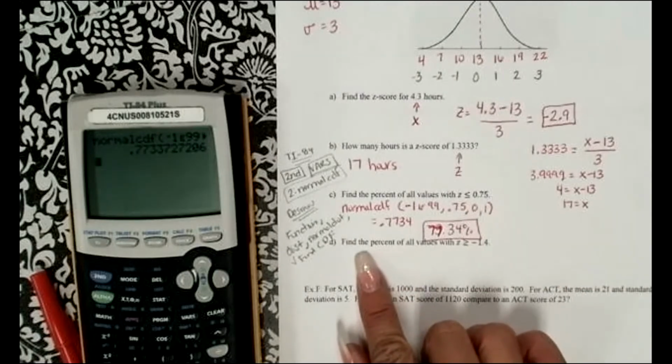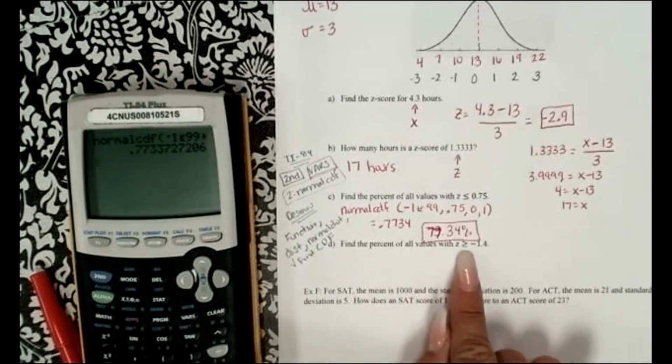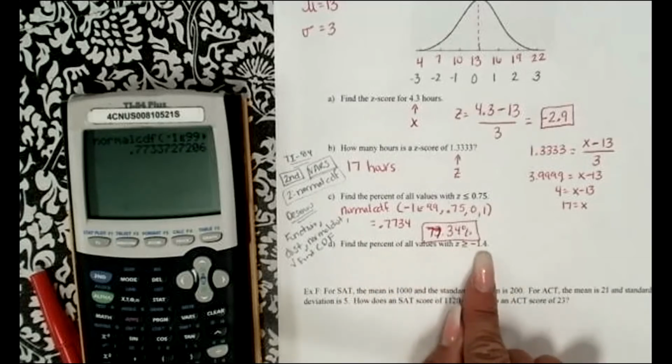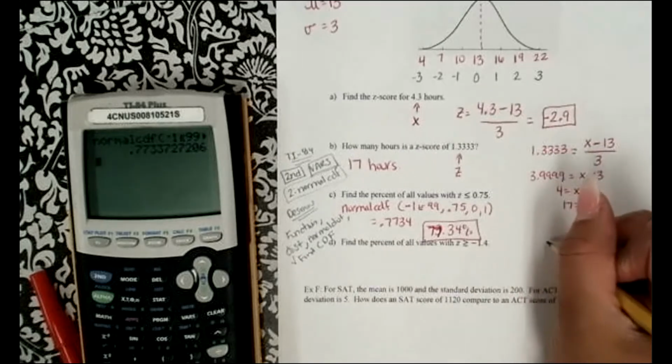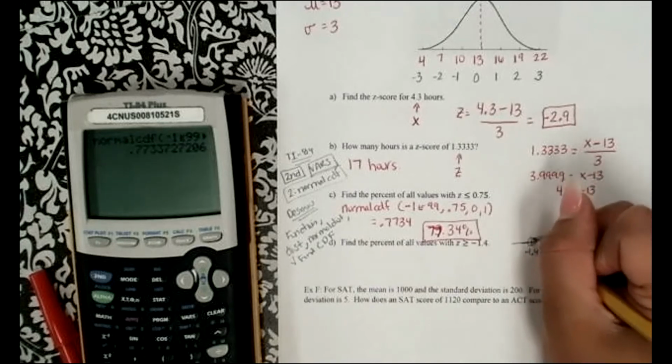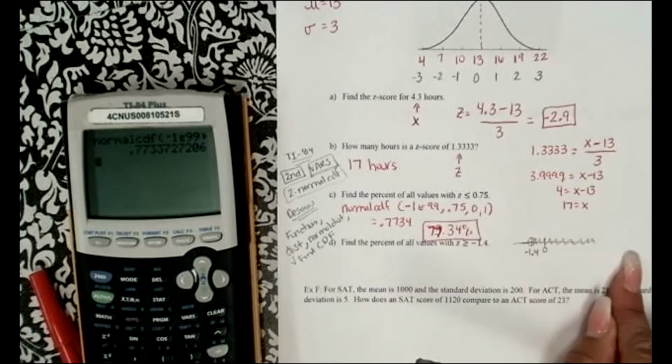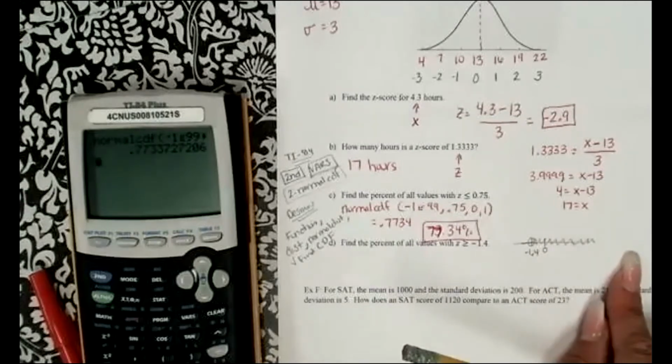Okay, let's try the next one. On this one, it says find the percent of all the values of Z greater than negative 1.4. So if we're looking at a number line, here's 0, and negative 1.4 is over here. I want all the numbers greater than this. So just keep that in mind. I'm going to use Desmos on this one.